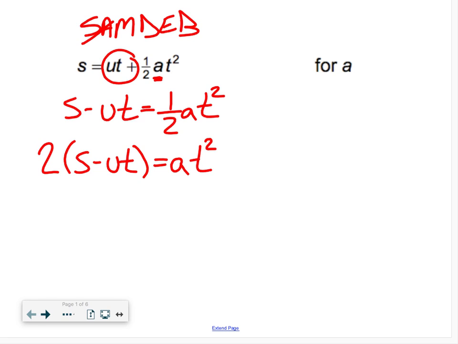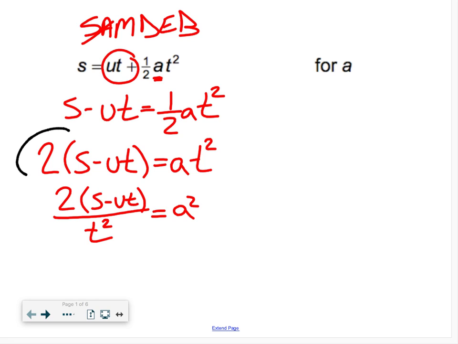And now I'm solving for a, so I need to get rid of the t squared. So I'm going to write 2(s minus ut) all divided by t squared equals a. Okay? So that is the first one. The biggest mistake people make is on this step.